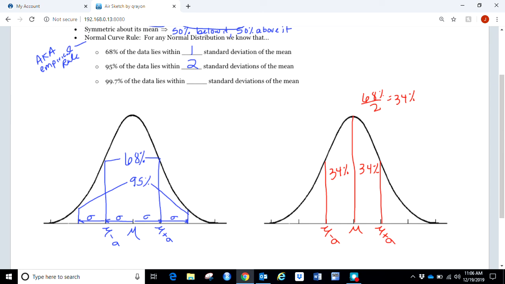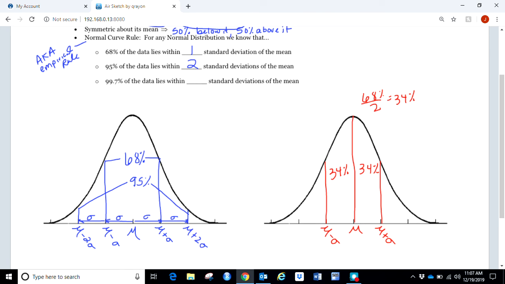Now, what will these numbers look like along the bottom? Well, to get to this spot, I started with the mean, and I'm subtracting the standard deviation twice. So that's going to be the mean minus 2 standard deviations. To get to this top spot, I'm taking the mean, but this time I'm adding 2 standard deviations.